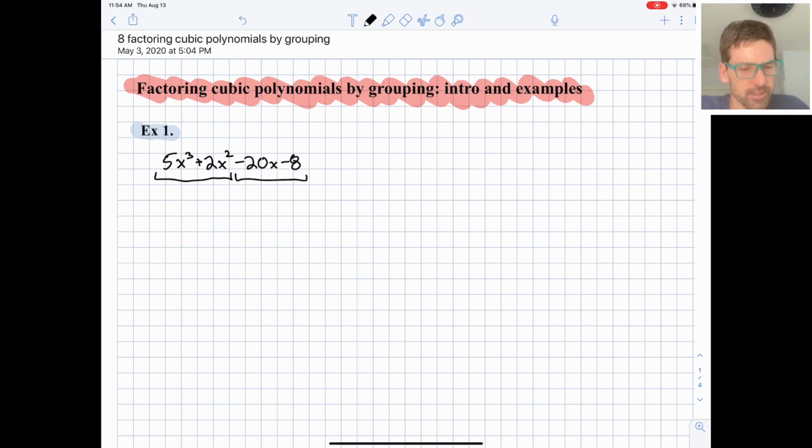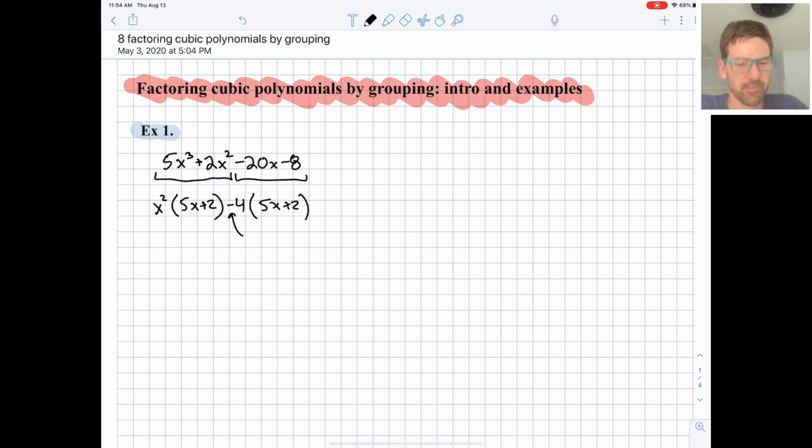So let's pull a GCF out here. We have an x squared, it looks like, and we have a 5x plus 2 that remains behind. And then for the right-hand side, I have a minus 4 I can pull out, and I have a 5x plus 2 that remains behind.